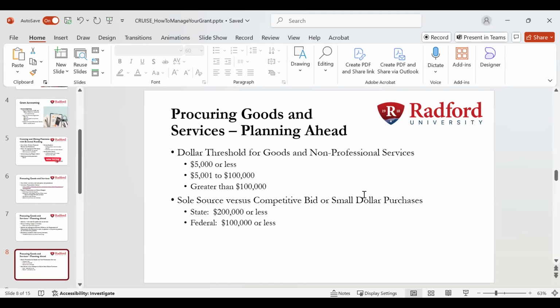Each of these three bullet items, again, it's on purchasing's website, has different criteria. Obviously, if you're purchasing something $5,000 or less, you're going to have less administrative paperwork to do, versus if you're going to buy something greater than $100,000.